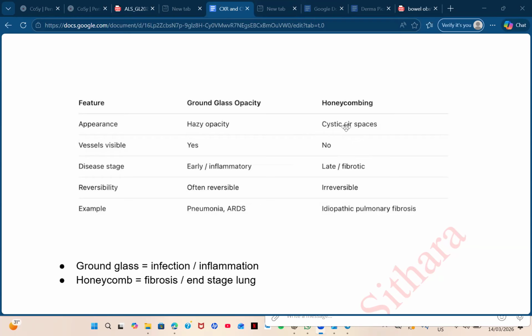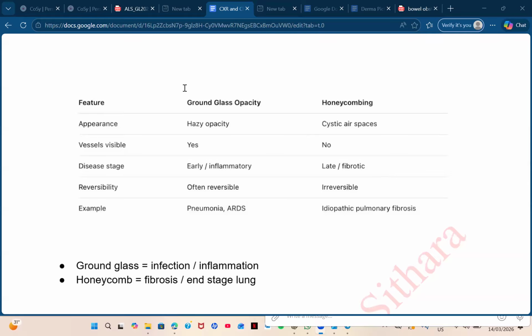Here cystic air spaces can be seen. Vessels are not visible in honeycombing, and this stage is late fibrotic. It is not reversible. Idiopathic pulmonary fibrosis is the best example.